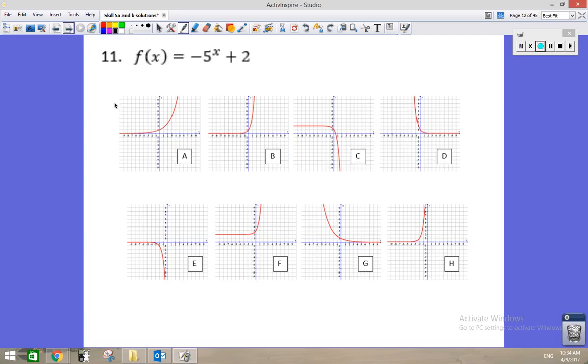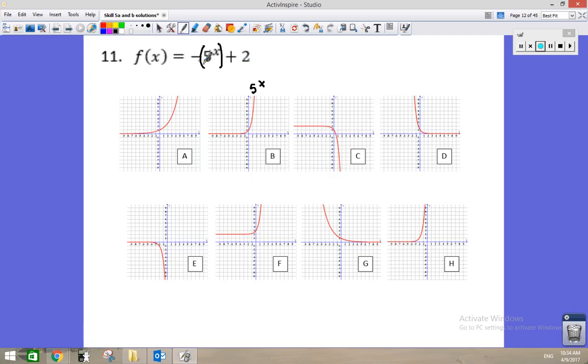Alright, now let's take a look at number 11. There are 2 transformations going on here to this graph of 5 to the x. Both of them are affecting the y-coordinate, because we're inputting x and then we're applying these transformations.